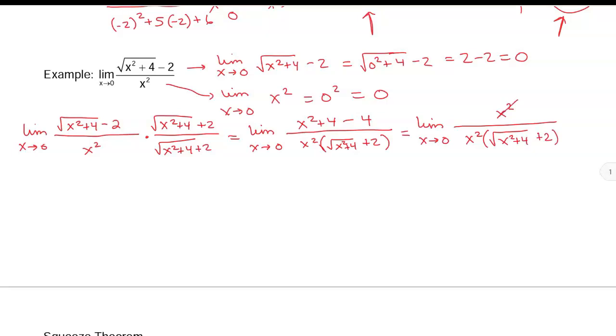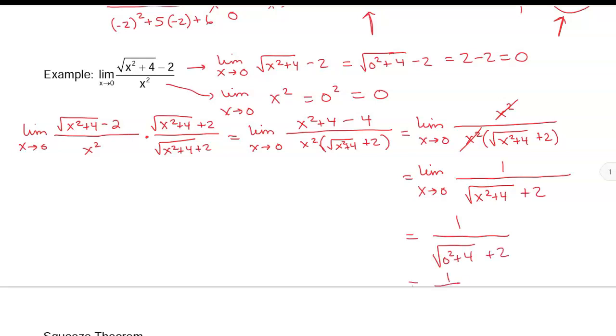So the x squareds are going to cancel, and now I can evaluate the limit. Here again, the limit actually comes out to a number. So if you start out by telling us the limit initially equals 0 over 0, you would be incorrect in saying that. So do not get in the habit of writing 0 over 0.